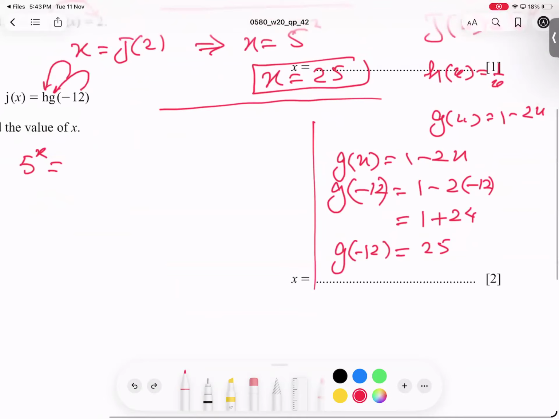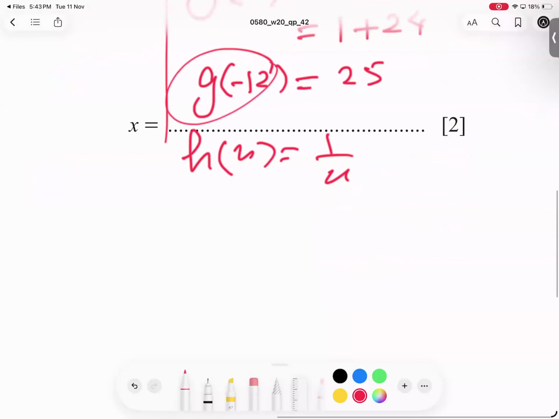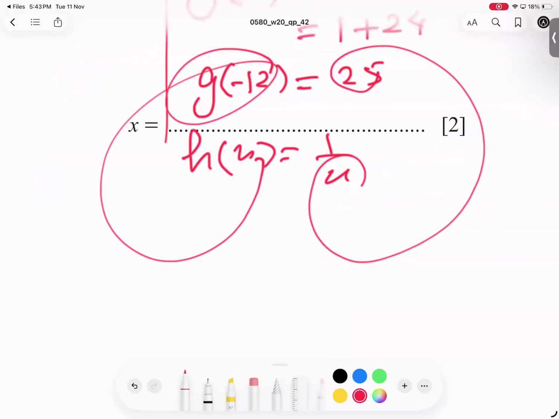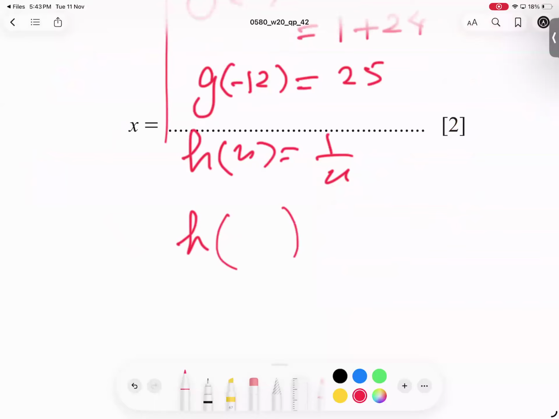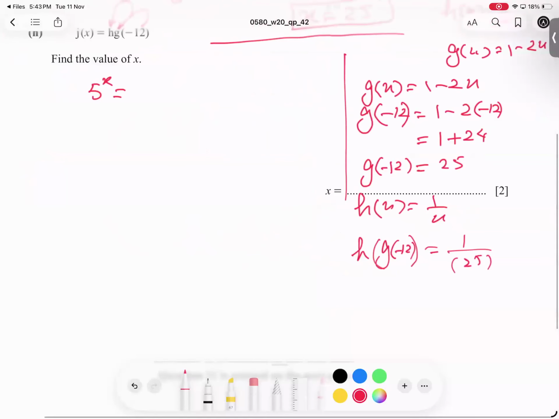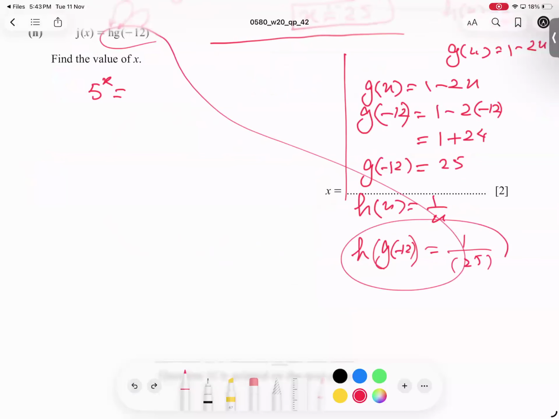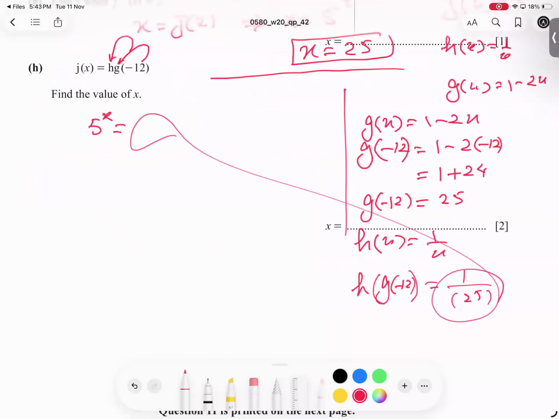So the h function I'm writing first of all. Now students, this will go in this bracket and this will go here. Basically h bracket and bracket. Here g of negative 12, here 25. So this is the value of the left side function. So I'm writing this completely here. 1 over 25.